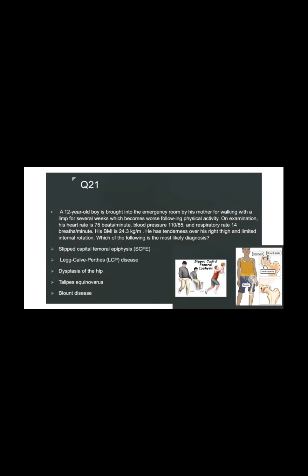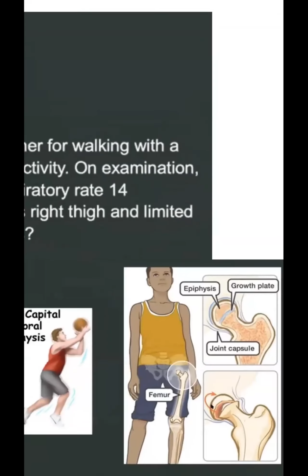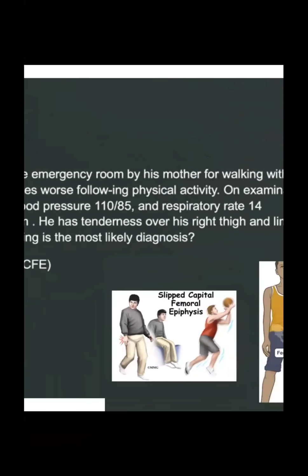The options are slipped capital femoral epiphysis, Legg-Calvé-Perthes disease, dysplasia of the hip, talipes equinovarus, and Blount's disease. Look at the picture: a 12-year-old boy with a limp for several weeks following physical activity, like trying to play ball.